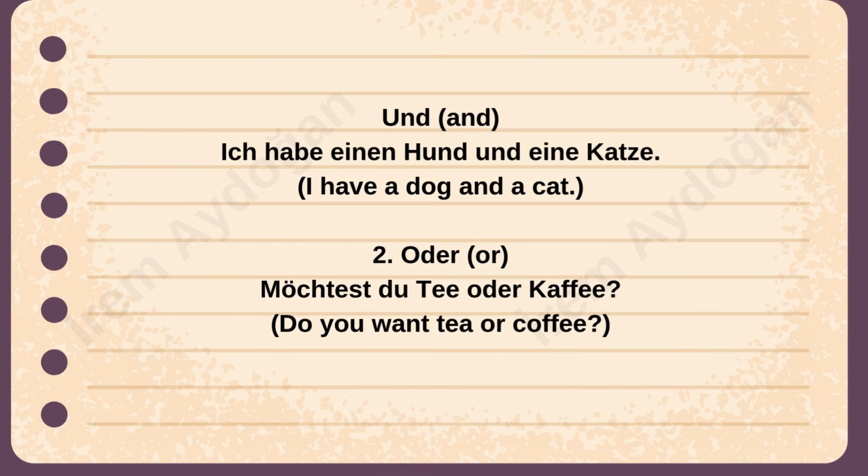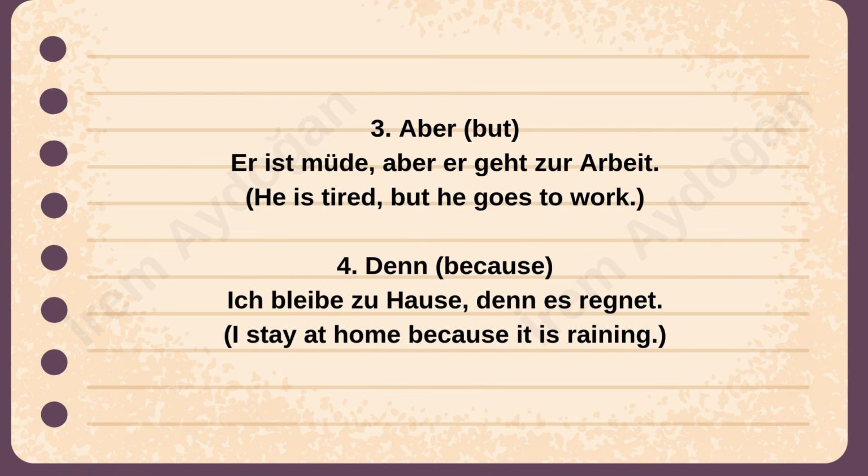And the other one is aber. It means but. Er ist müde, aber er geht zur Arbeit. He is tired, but he goes to work. We use it in the same place as in English, and the usage of aber is the same.